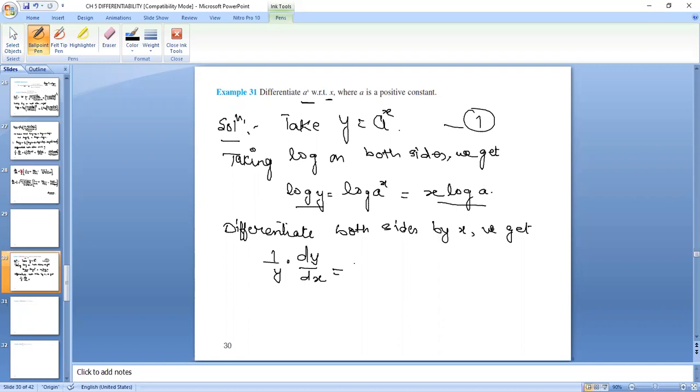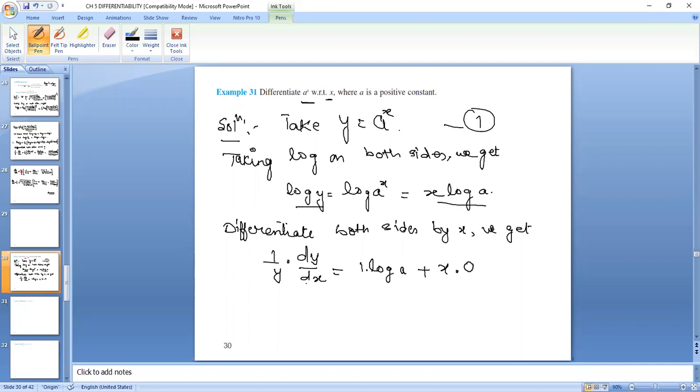For x log a we are taking the derivative of x, which is 1, log a constant as it is, plus x as it is, derivative of log a, which is constant, 0, right? So I have applied the product rule. Derivative of first term, second term as it is. First term as it is, derivative of second term, which will be 0.